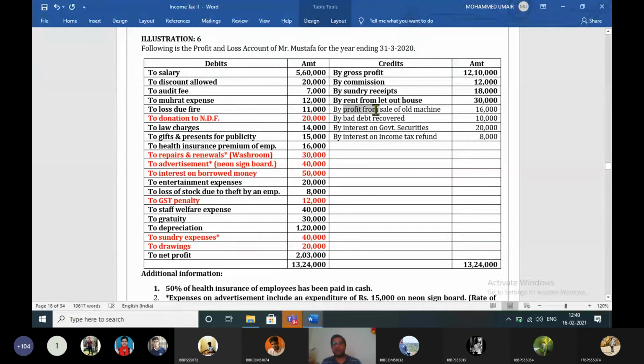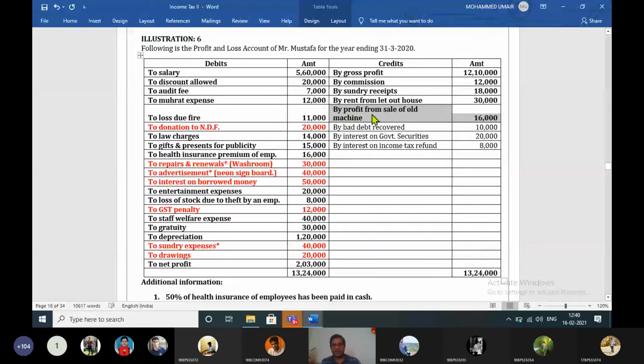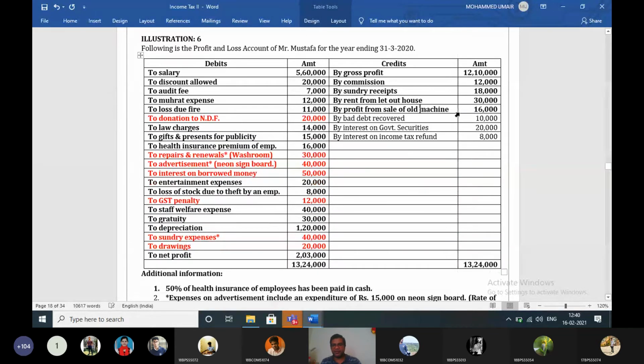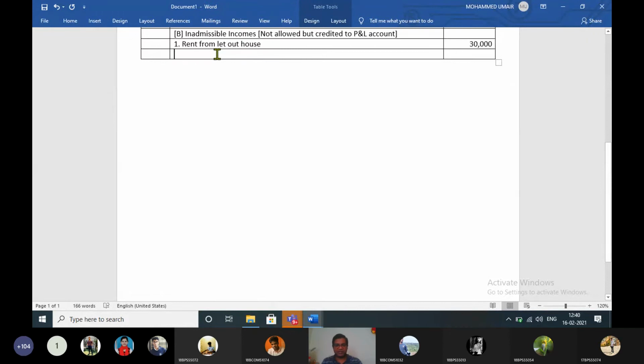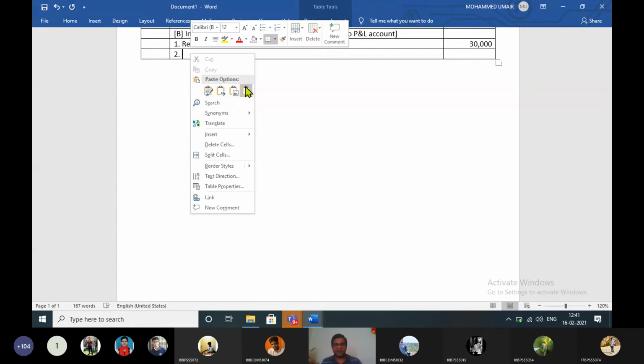So profit from sale of machine is taxable under the head capital gains. Whenever you buy and sell an asset, and if there is any profit or if there is a loss, then it becomes taxable under the head capital gains. So therefore this will also not be considered as a business income, and hence it is inadmissible.